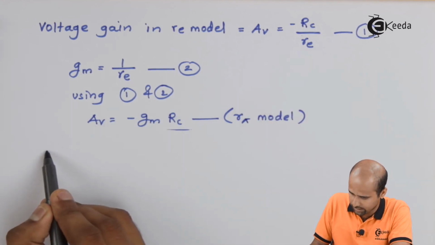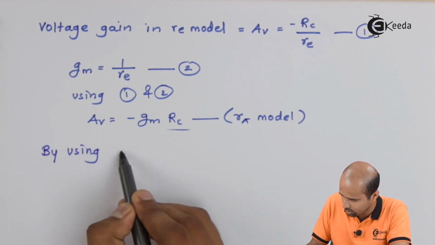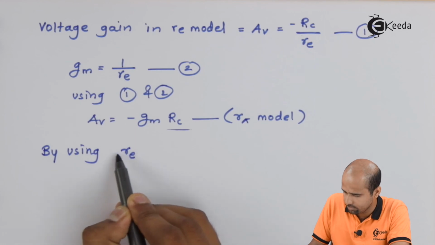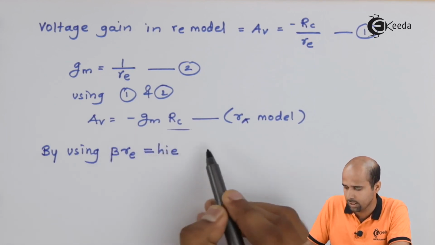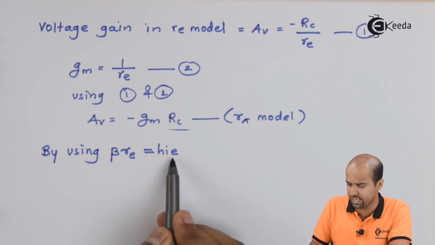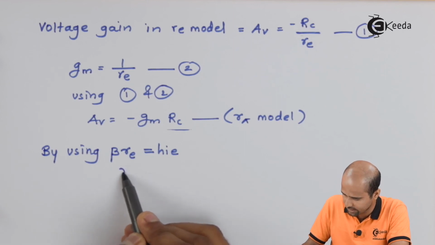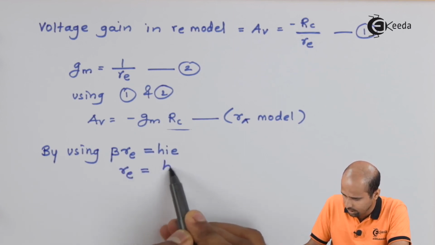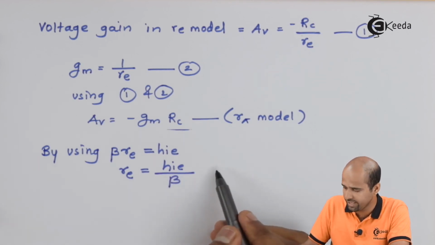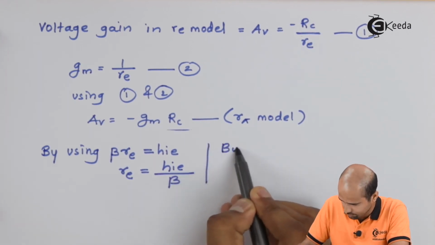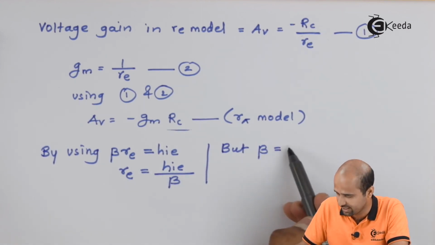So I know that by using beta re is equal to hie, I can express this re as hie divided by beta. So we can say that re will become hie divided by beta, right? But I know that beta is hfe, right?